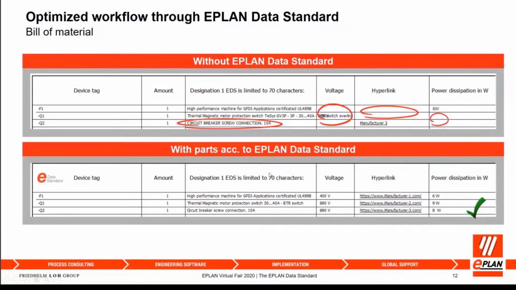So these are 2 examples of the value and advantages the data according to the EPLAN data standard has for the customers, for the engineers, and why they will use the components that have standardized data, because then they do not have to change all the data on their own.